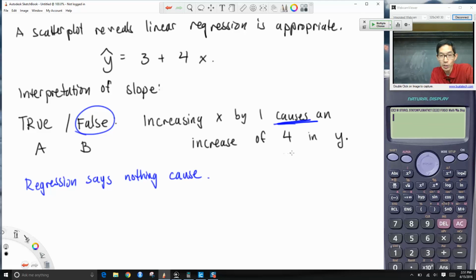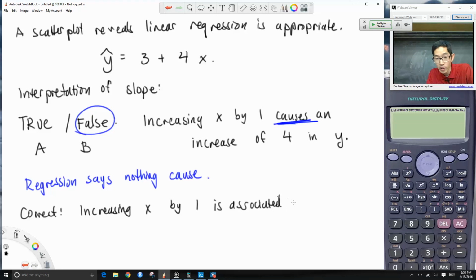Okay, an increase. So it would be correct to say increasing x by 1 is associated with an increase of 4 in our prediction of y.